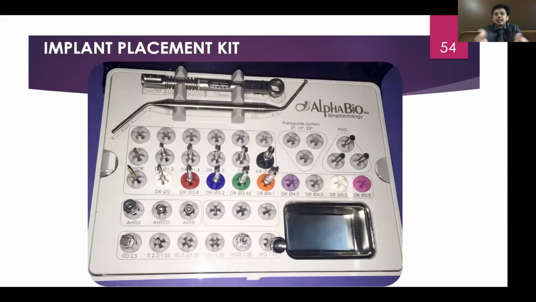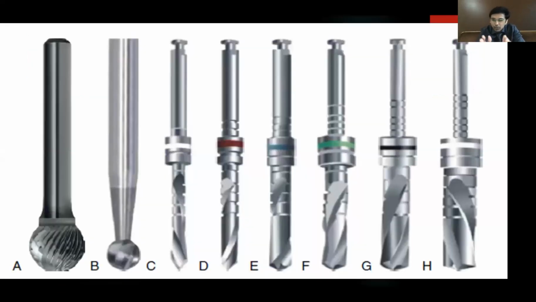Okay? Next comes the implant kit. Again, broadly going through the components, the most important components are osteotomy, 2,500 to 4,500. The osteotomy has to be prepared in a graded manner. We say sequential drilling has to be done. One of the worst experiences which you can have as a budding implantologist, who has just started placing implants, is to use the round burr.